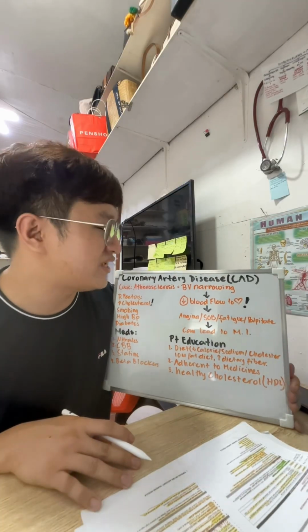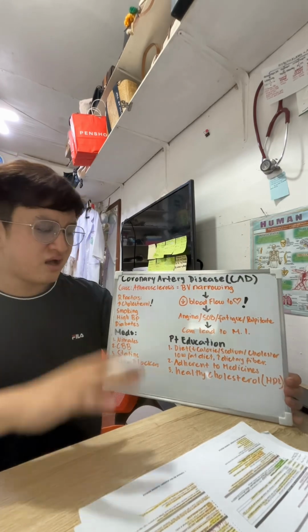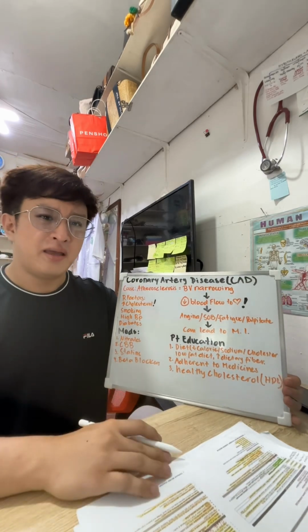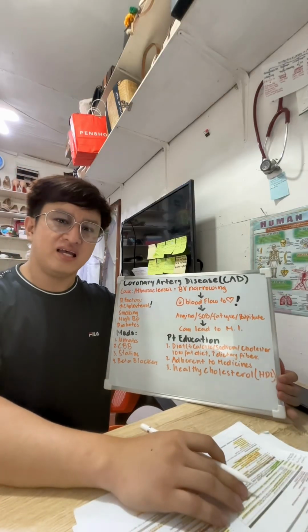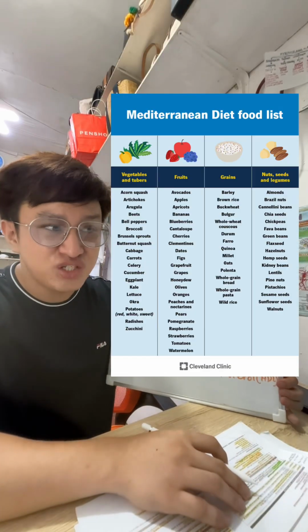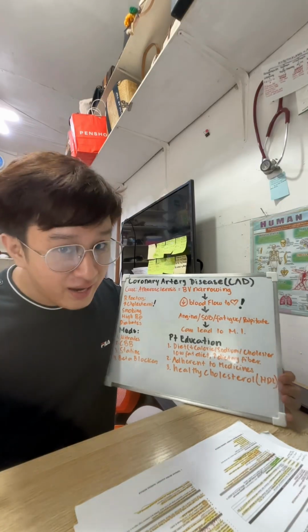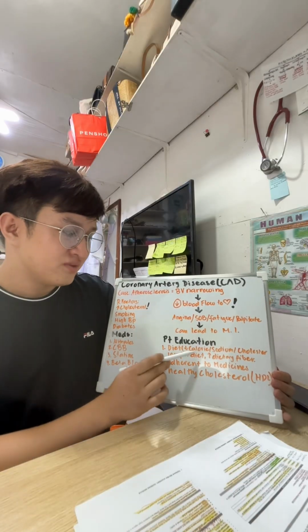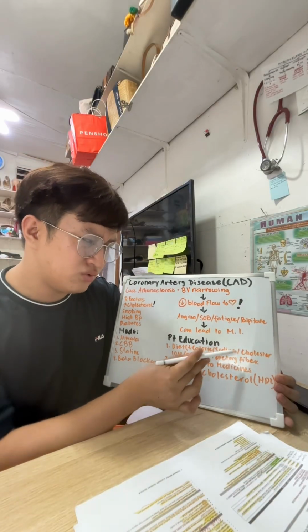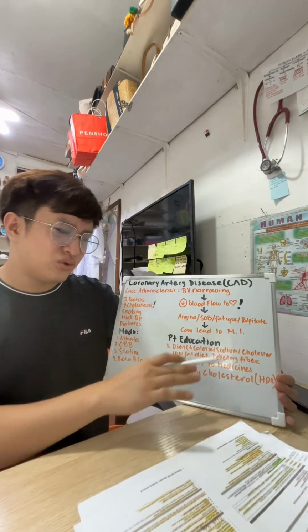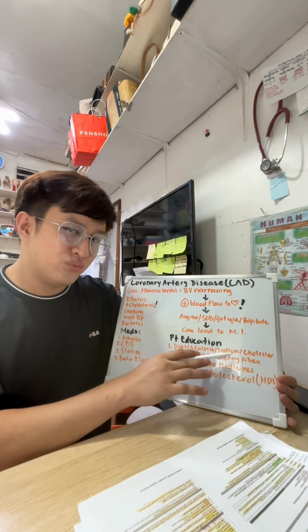What are the patient education points for this one? Of course, diet. Mediterranean diet. Guys, pescatarian, fish, fruits and vegetables, less red meat. So, that's it. Next is low calories, low sodium, low cholesterol. Sodium always has something to do with our blood vessels.